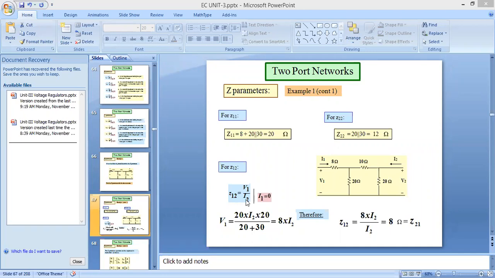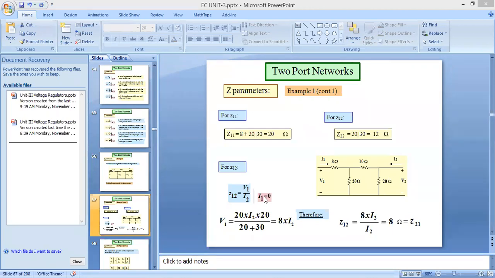How will you get it? We have the equations from the Z parameter network circuit, V1 upon I2. But we do not have the value for V1. So what can we do? We can convert that V1 in the form of I2. We are considering here I1 as 0 ampere.